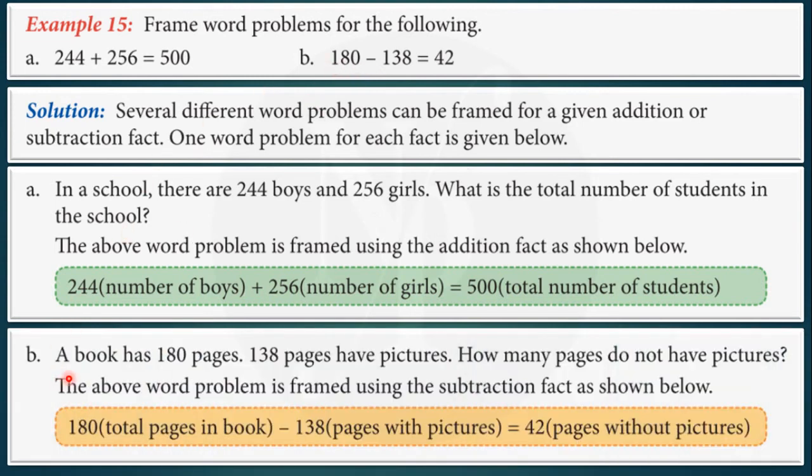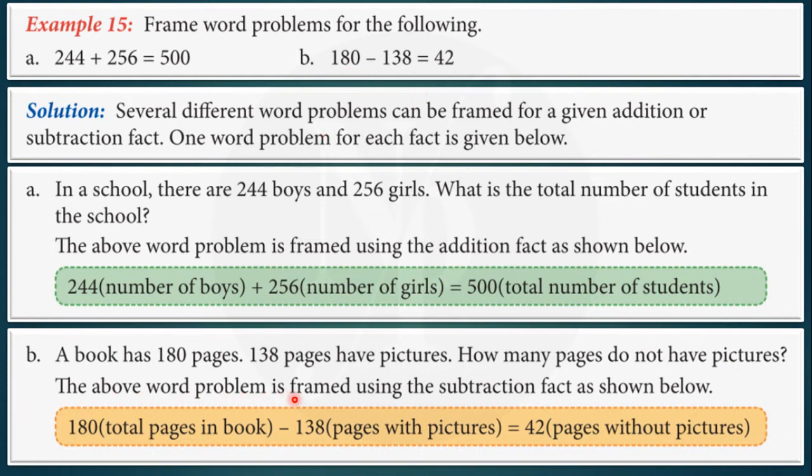Solution for B is, a book has 180 pages. 138 pages have pictures. How many pages do not have pictures? So this is a word problem framed for this subtraction fact.